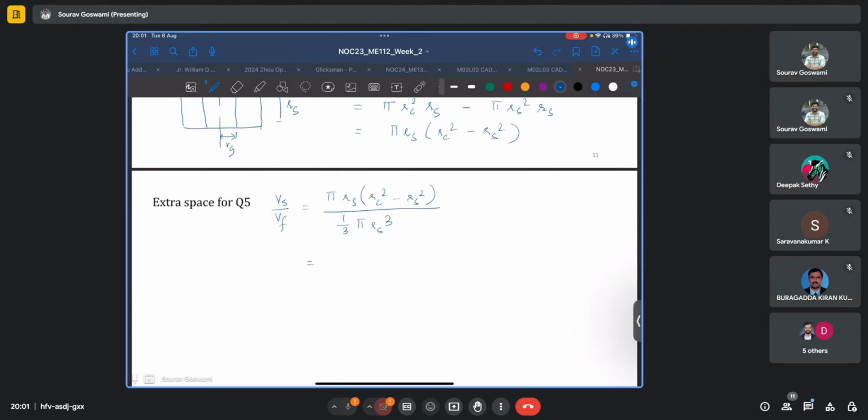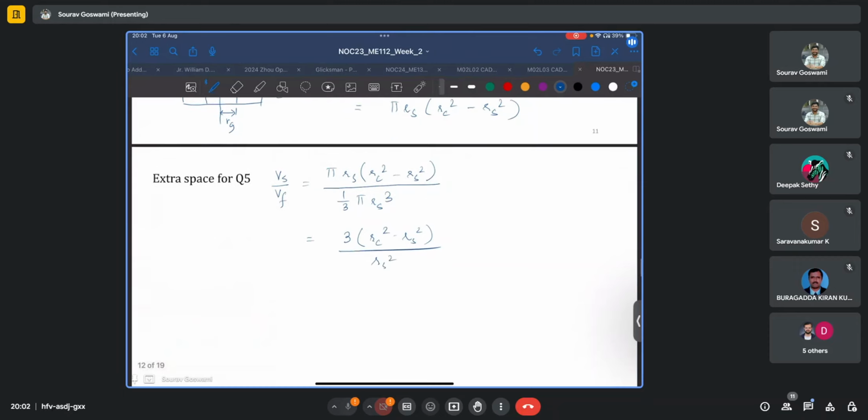Pi gets cancelled out. One RS gets cancelled out. The 3 goes on top. So you have 3 times RC square minus RS square by RS square. If you take this RS square inside the bracket, you have 3 times RC by RS whole square minus 1.